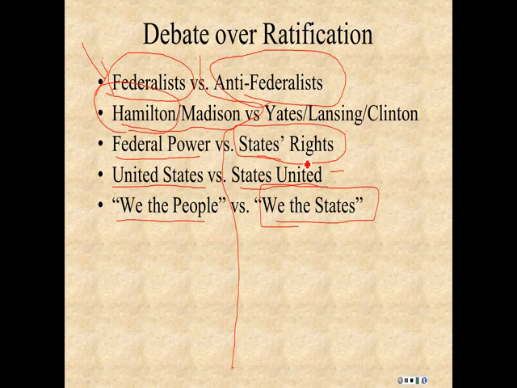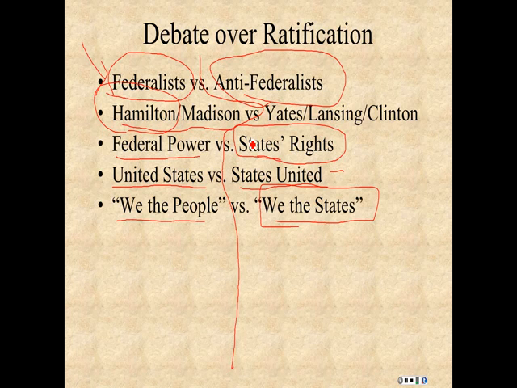If you look at your book on page 206, in the discussion of political cultures, you'll find out that it was very close in many of these states as to whether they were going to ratify this Constitution or not. Look at Virginia's 89 for, 79 against.